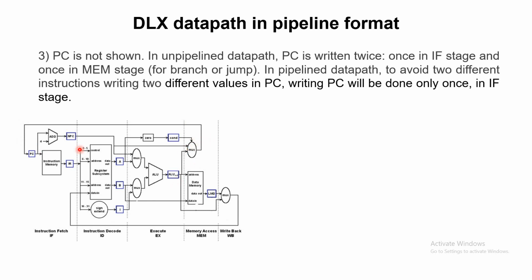For the normal sequence of execution of instructions, this portion will generate the new address for the PC, but during the execution of branch related instructions, this portion will generate the address for the branch instruction, because until the instruction is decoded, the processor will not know that this instruction belongs to the branch group, or that it wants to jump or change the sequence of events.